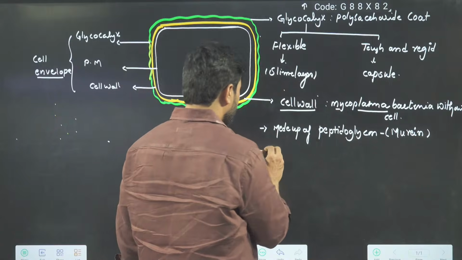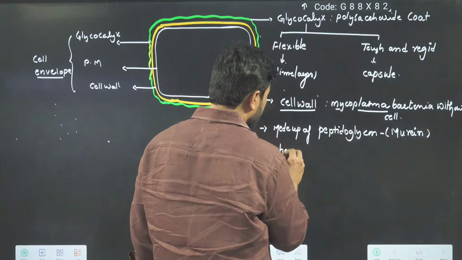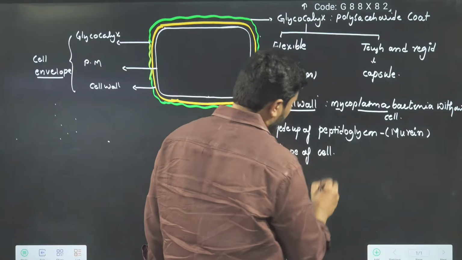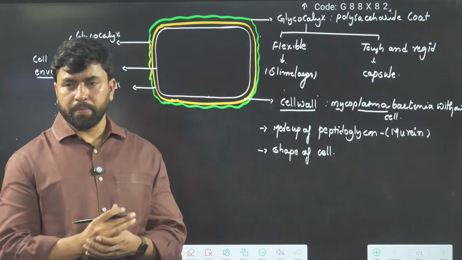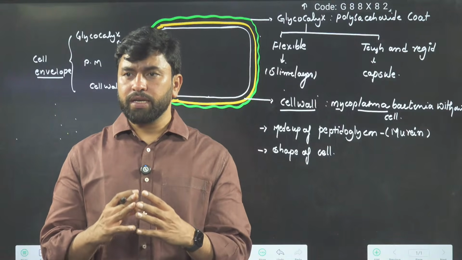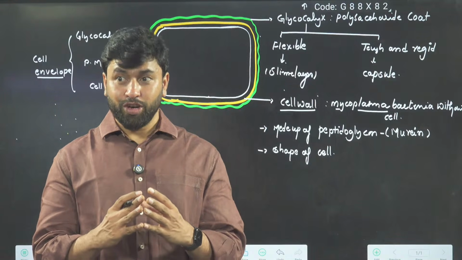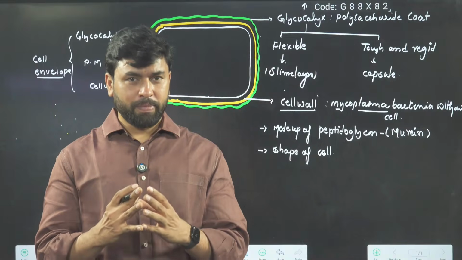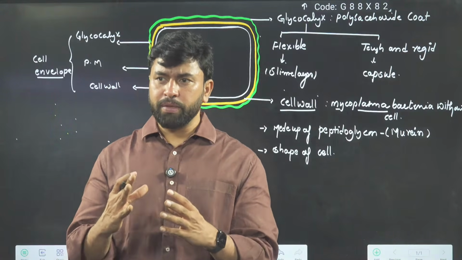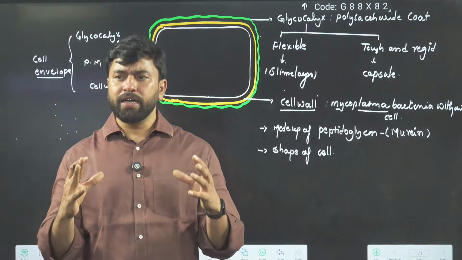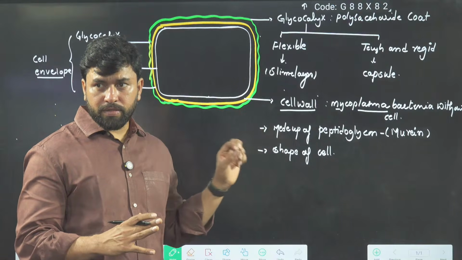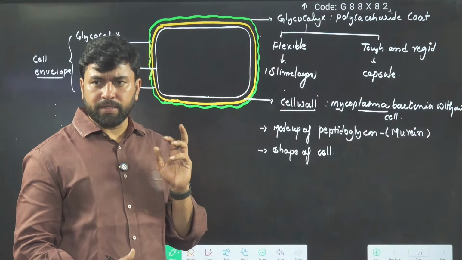First thing, the shape of the cell is due to the cell wall. We have seen bacteria possess a variety of shapes like bacillus, rod shape; cocci, spherical; vibrio, comma shape. All those shapes are developed due to the presence of the cell wall. The cell wall is the reason behind the shape of the cells.